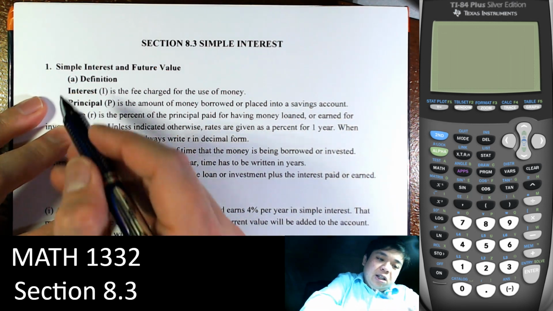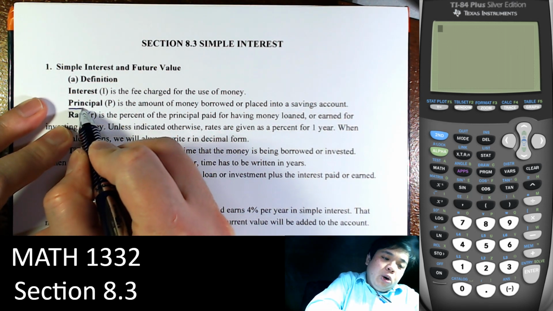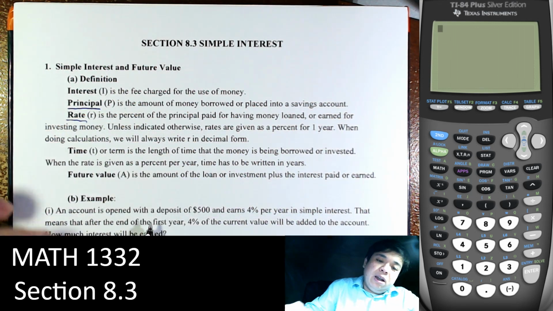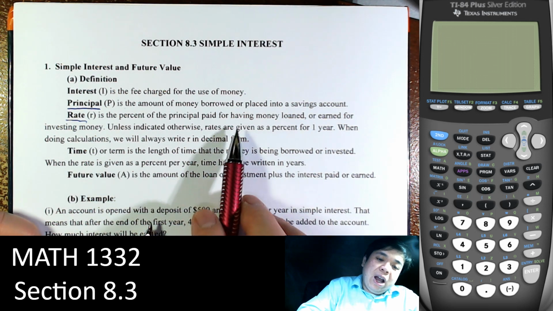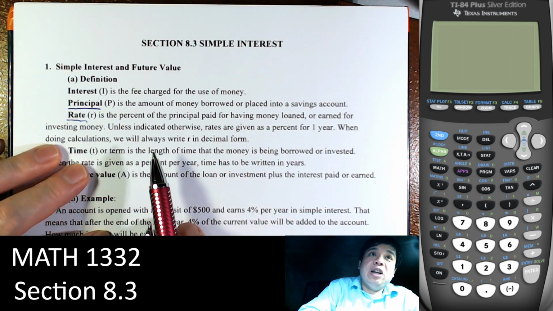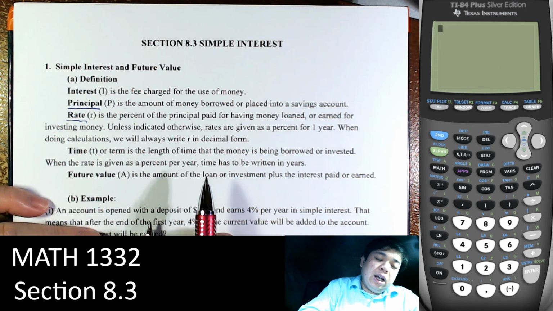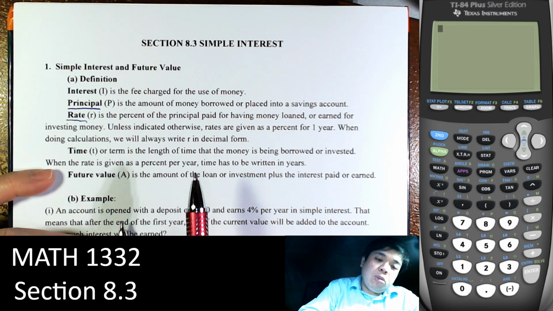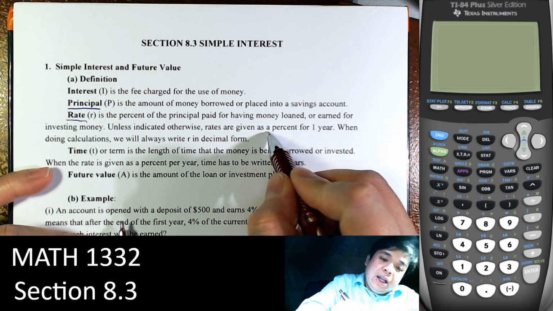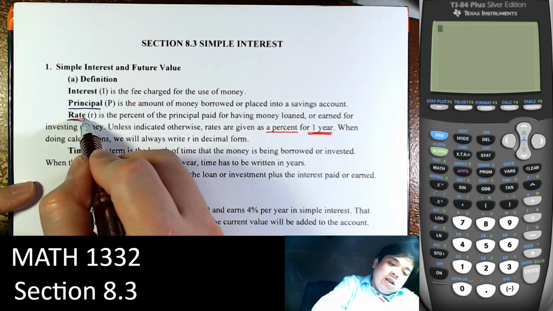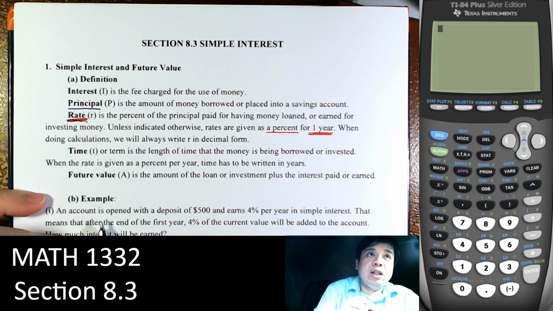The principal is the original amount, and the rate is the rate paid for having money loaned or earned in an investment. If not indicated otherwise, it is a percent, and it is for 1 year. That is very important, that the rate is for 1 year.